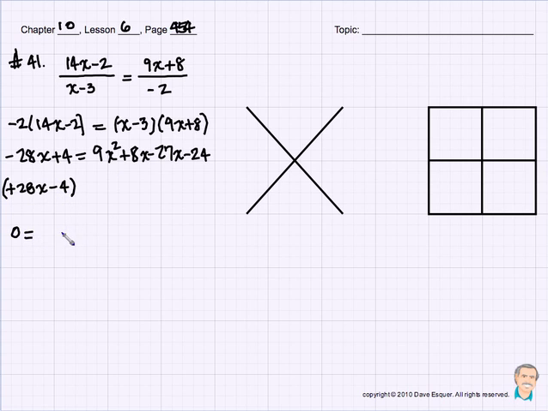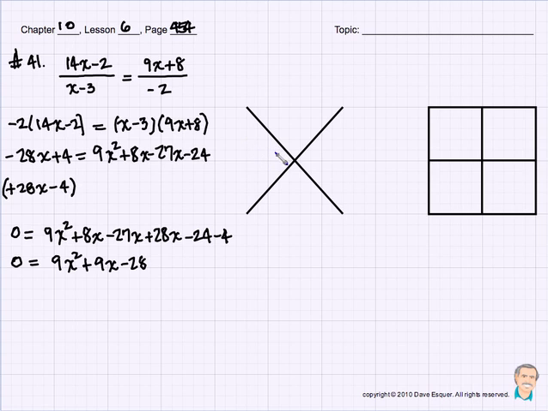So we end up with 0 equals 9x squared plus 8x minus 27x plus 28x, we added it from the other side, minus 24 minus 4. And if we simplify all this, we end up with 0 equals 9x squared plus 9x minus 28.